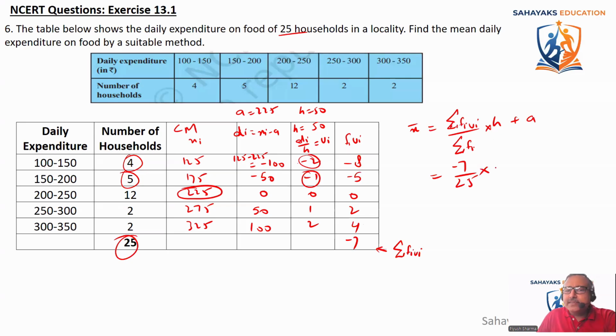H we considered as 50, plus a. A is 225. So it comes as minus 14 plus 225. So 225 minus 14 comes out to be 211. So the average daily expenditure is 211 rupees.